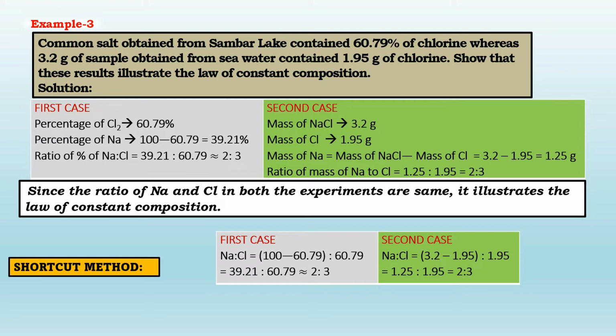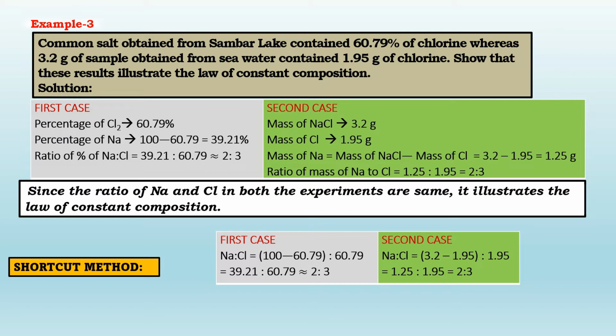So ratio of percentage of sodium to chlorine is equal to 39.21 is to 60.79, that is equal to 2 is to 3. In the second case, mass of sodium chloride is equal to 3.2 gram and mass of chlorine is equal to 1.95 gram.